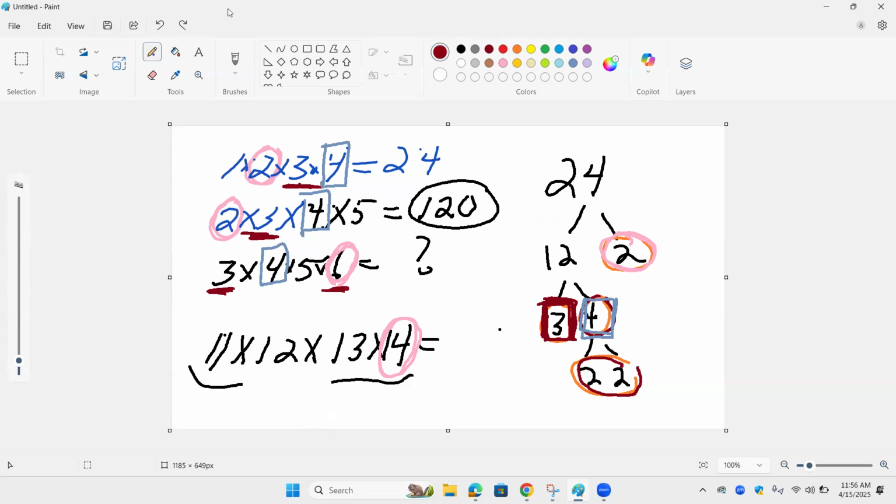My bad. Yeah, no, we're good. Okay. 12 is divisible by 3. That's what we said. But it's also divisible by 4.